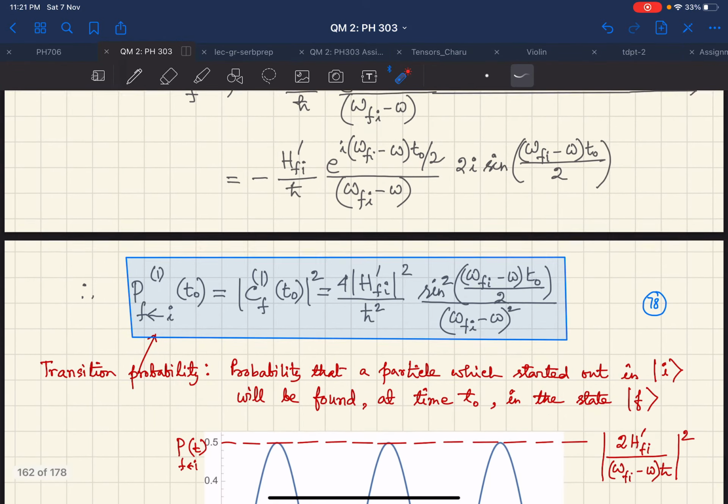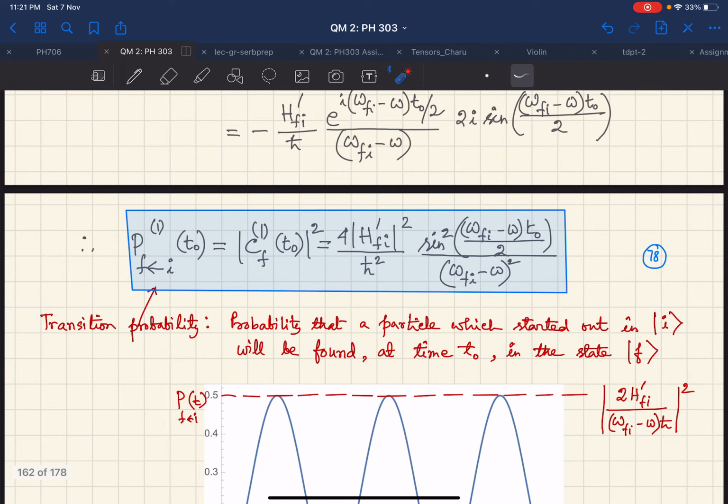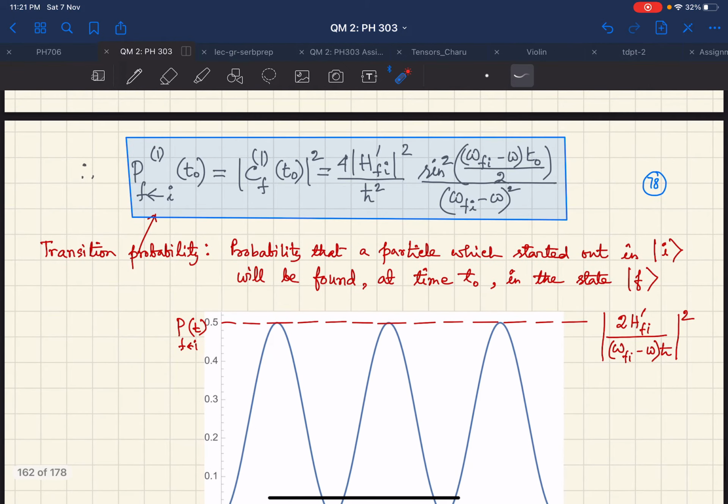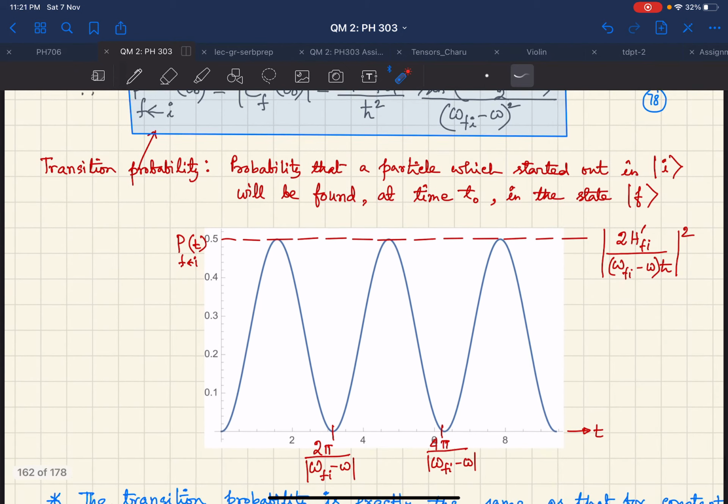So this is the transition probability that a particle which started out in the state i at time t equal to 0 when there is no perturbation, this system will be found at time t equal to t_0 in the state ket f. So the transition probability is being given by this. Again, exactly the same as the expression that we had obtained in case of constant perturbation.